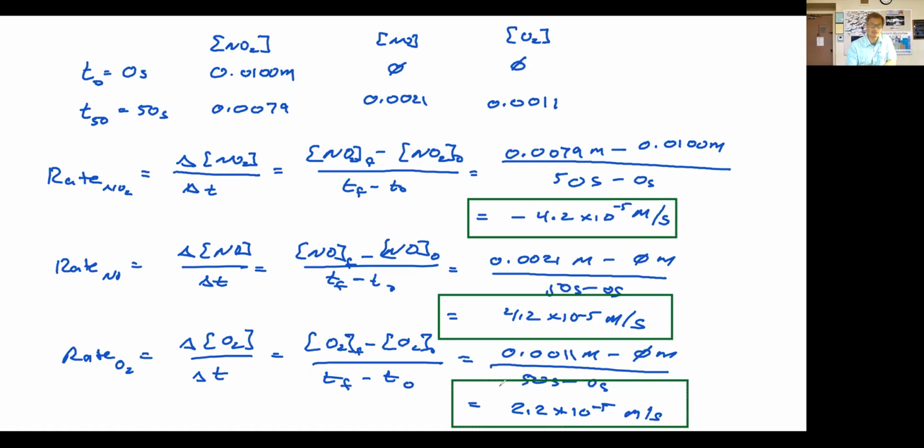Furthermore, the rate at which oxygen forms is about half that at which nitrogen monoxide forms, which just so happens to correspond to the 2 to 2 to 1 ratio of the coefficients. I just want to point that out to you because you're going to see that it does correspond.